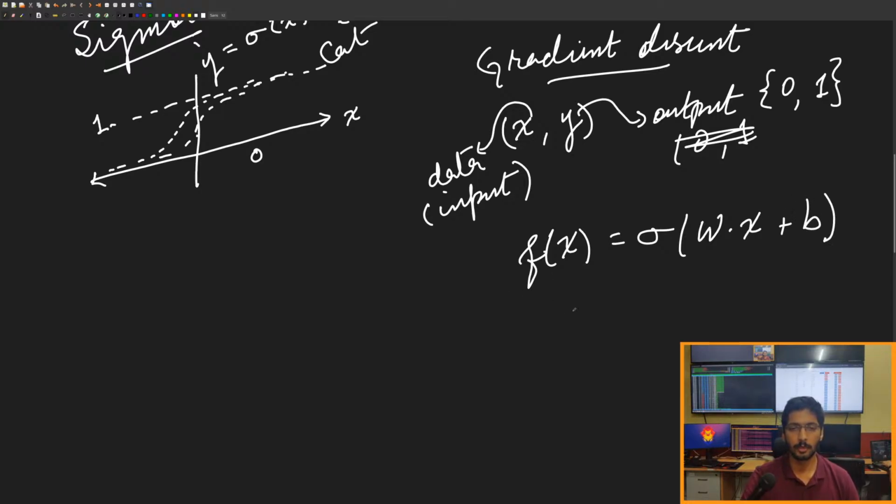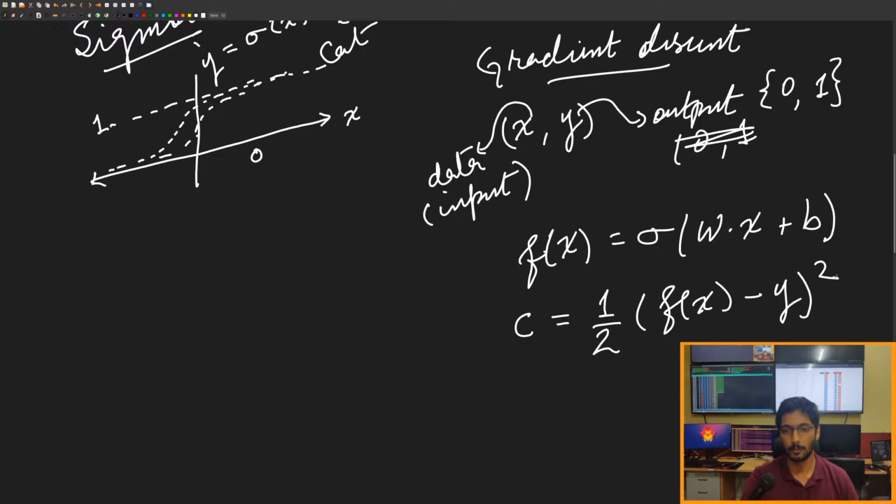And we want to compute a quantity like c, which I'll write to be half of f of x minus y squared. Okay. So this f of x is what our output is, and this y is what our output should have been. And we are taking the difference and squaring that.